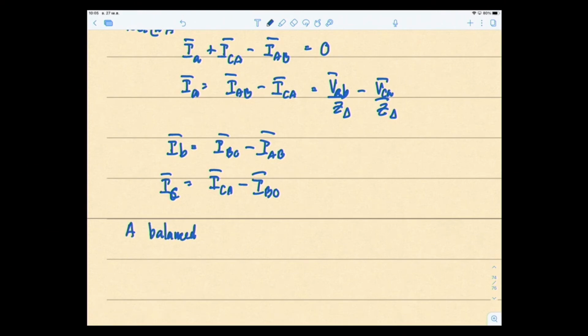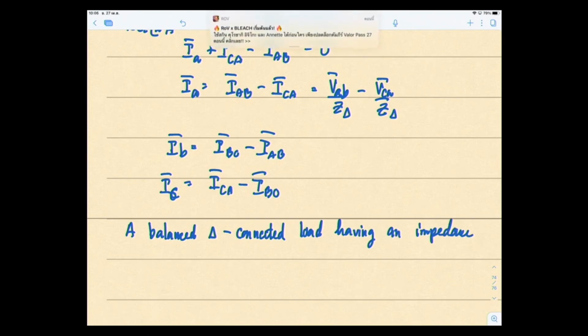a balanced delta connected load having an impedance of 20 minus j 15 ohms.